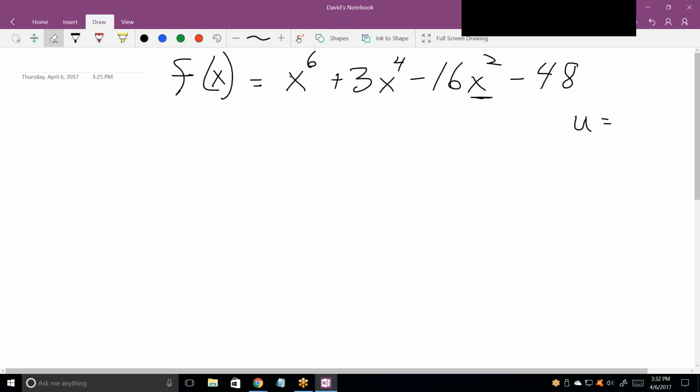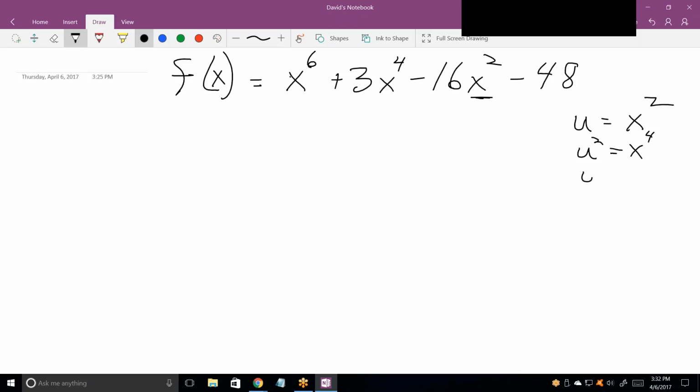In other words, U is equal to x squared. Okay? Now, what does that mean? That means U squared is equal to x to the fourth, and U cubed is equal to x to the sixth. So I'm going to write this function.